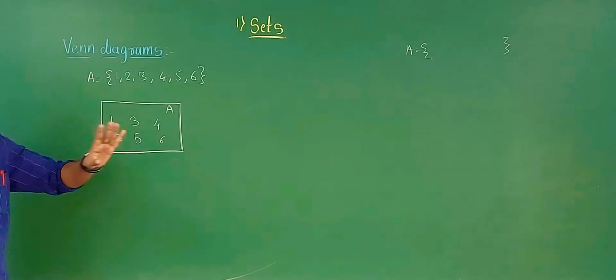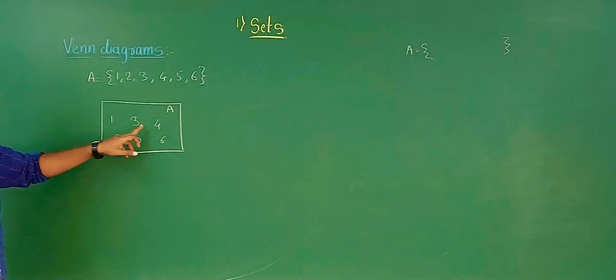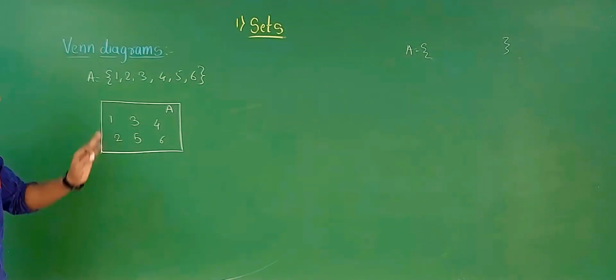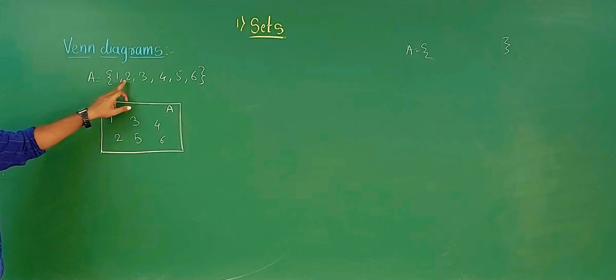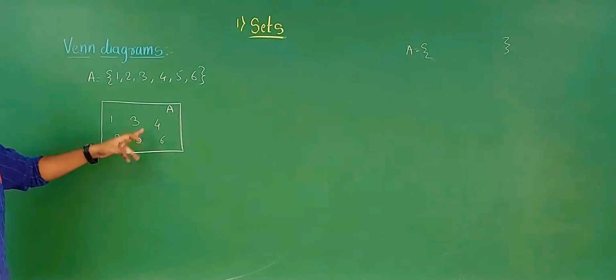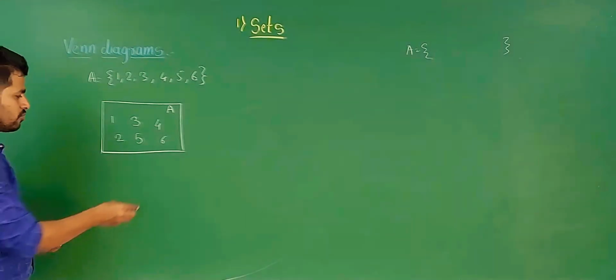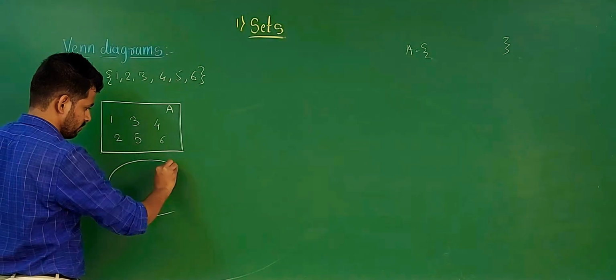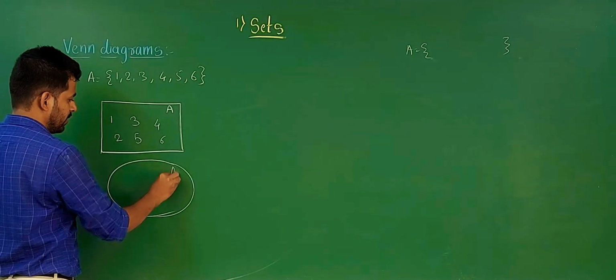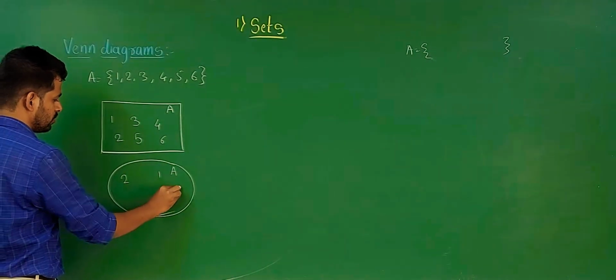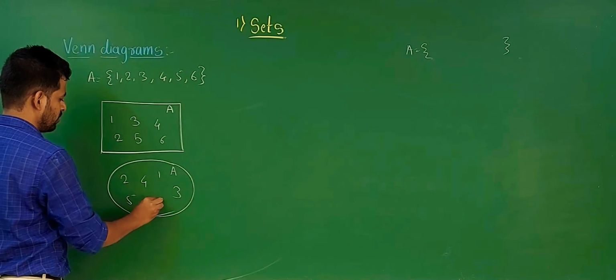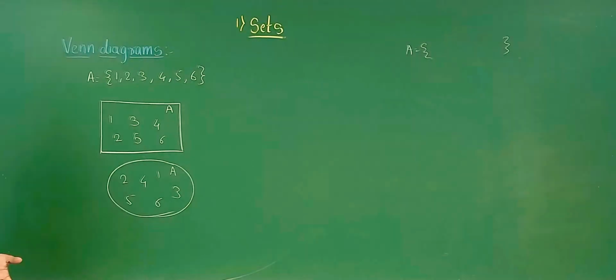We do not give commas or points here. We write only 1 2 3 4 5 6. Sometimes we use an oval, no problem. A, 1, 2, 3, 4, 5 and 6, finished, that much only.